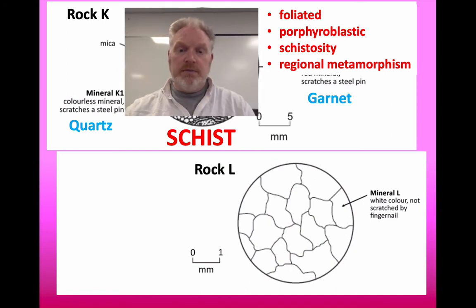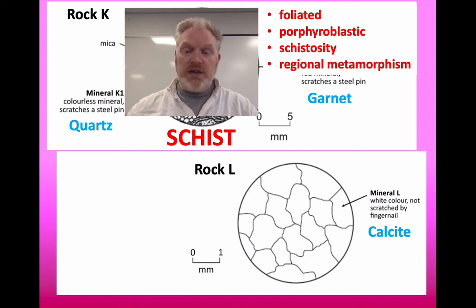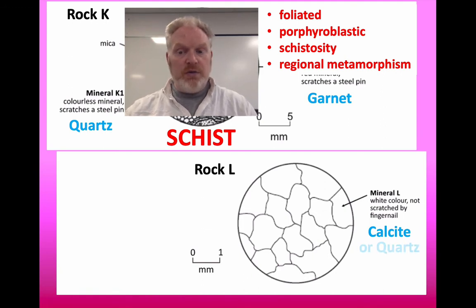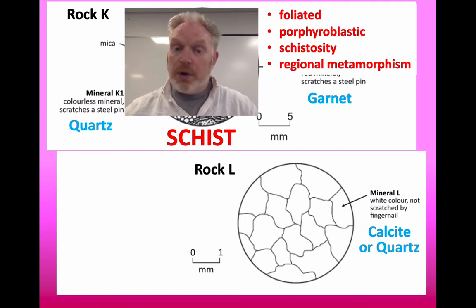Rock L is made of possibly calcite, a white mineral that's harder than a fingernail. Could be calcite, but it could also be quartz. We'd have to work out its hardness relative to a copper coin or a knife, a steel knife or a steel pin to work that out.